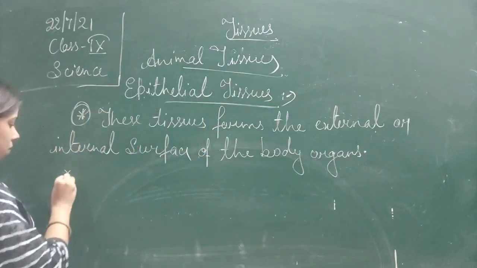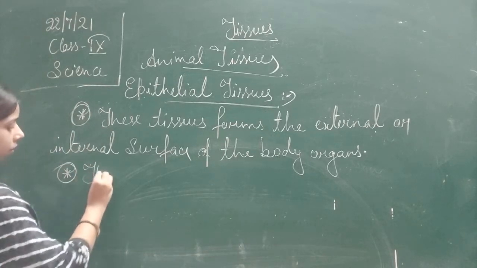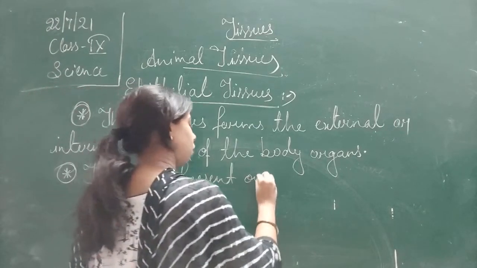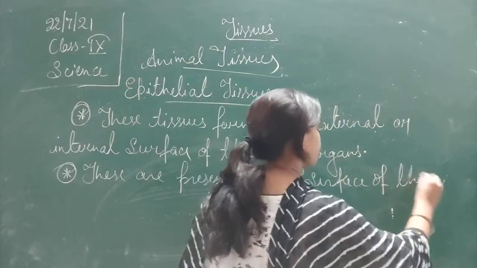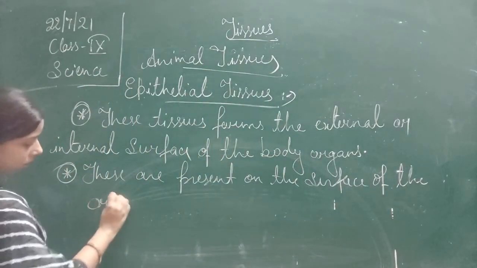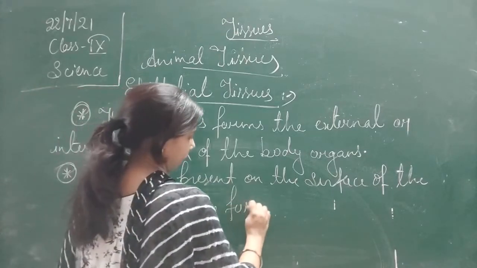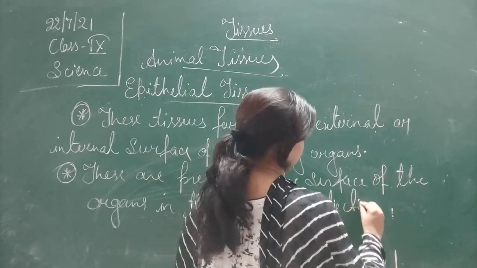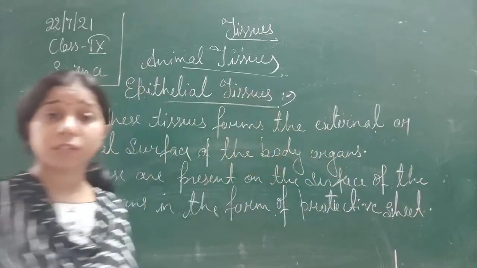Of the body organ. Then next one, that is these are present on the surface of the organ in the form of a protective sheath.